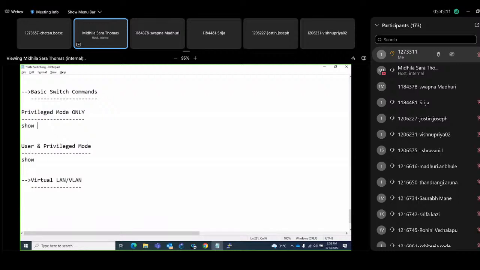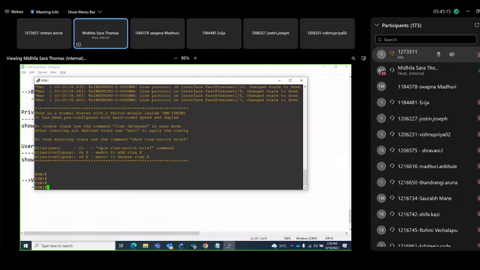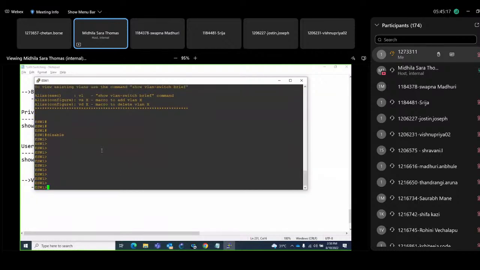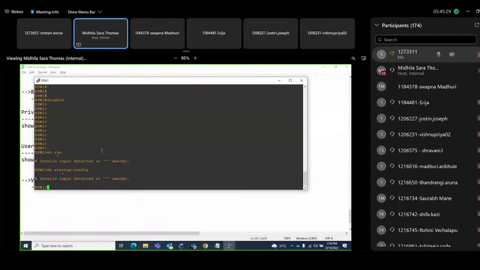Try this, okay? I'll show it. Let me go to user mode. Show run. Will it work here? No. Similarly, show startup config. Will it work here? No. Let me check in privileged mode. Show run.